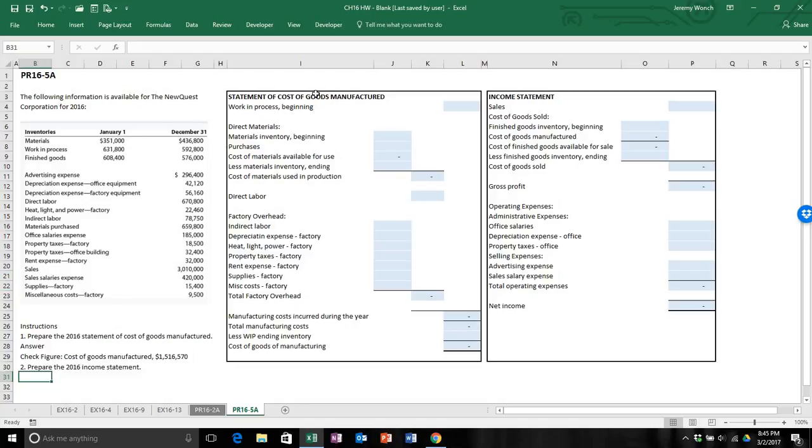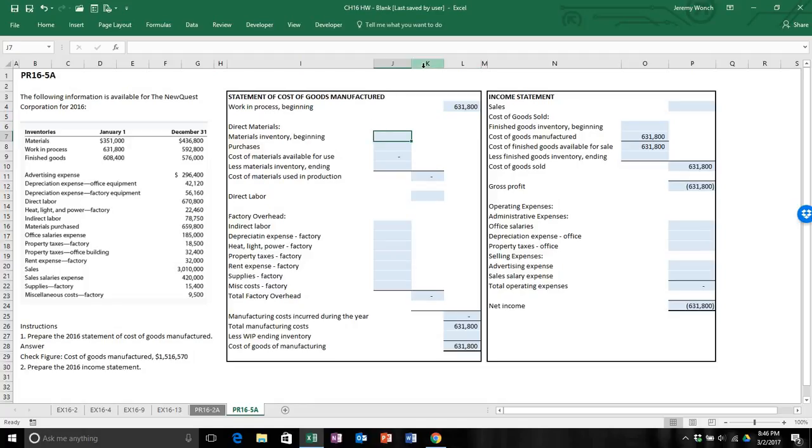For the statement of cost of goods manufactured, we're always going to start with our beginning work in process. This tells us that it is $631,800. So that's going to be right here, our beginning balance. Then we're going to add in our direct material cost.